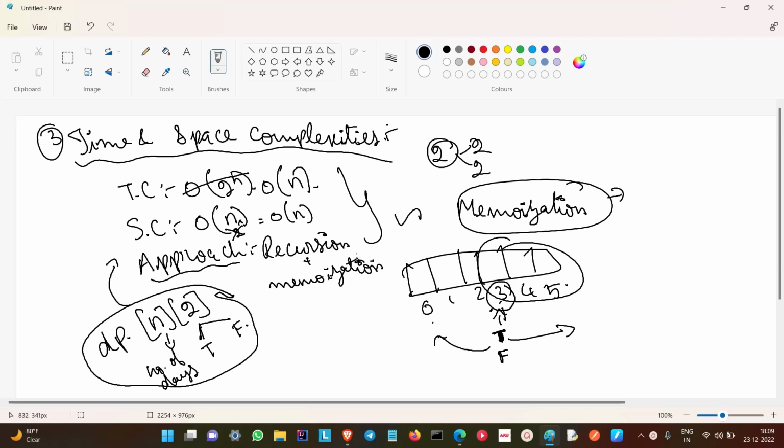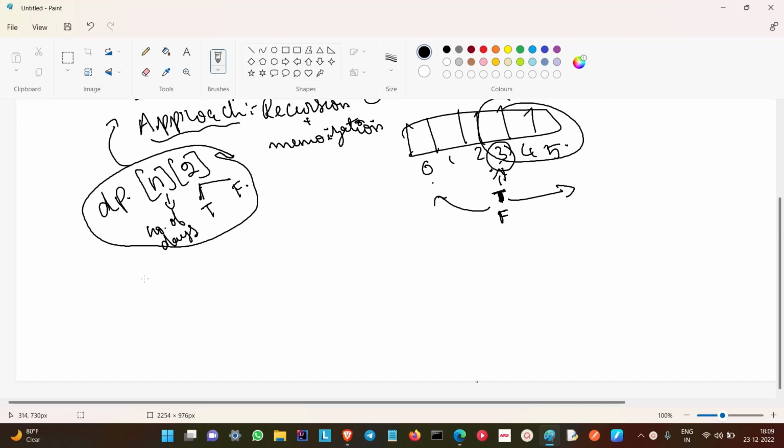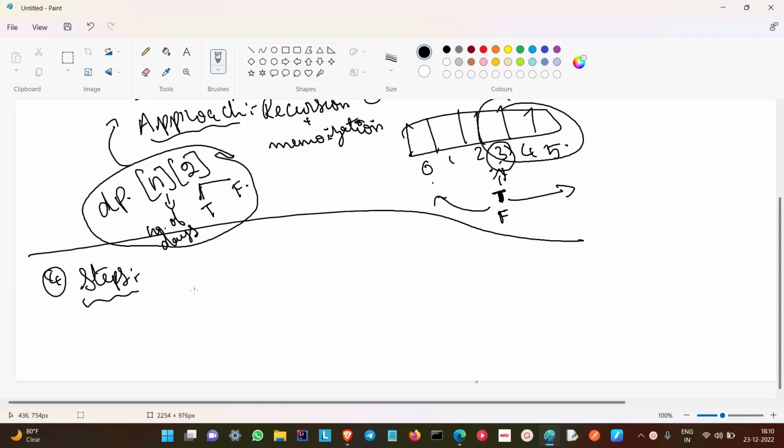So this is all about the time, space, and approach. And as I have mentioned, the steps will be like buy state, true and false.